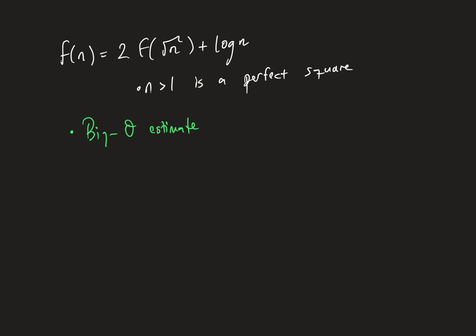One trick with working with fractional powers, if we want to get equivalent functions that are easier to write or manage, is to use logarithms, because powers inside logarithms become constants. In other words, if we let m be log n, then log of square root of n is log of n to the 1/2. We can pull the 1/2 in front, so this ends up being a half of m.